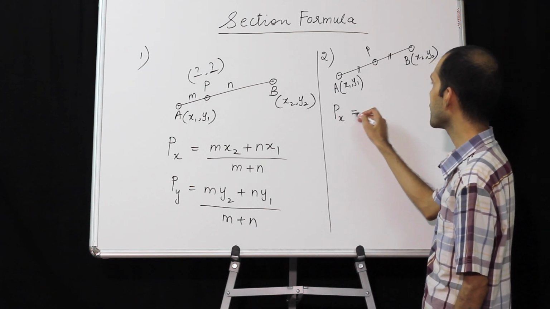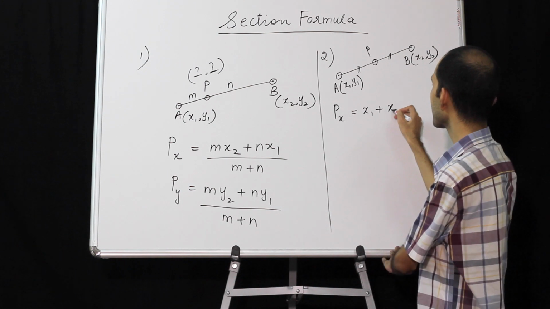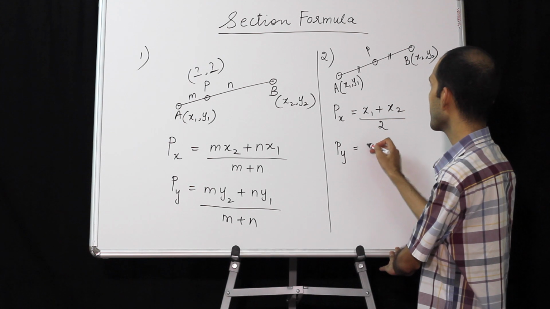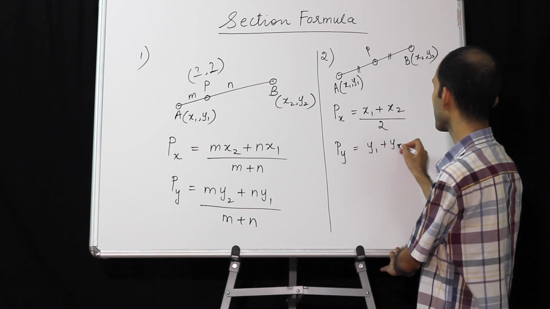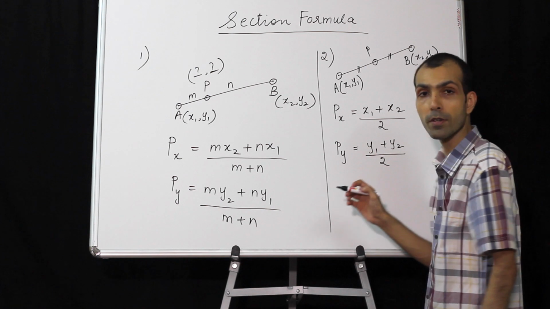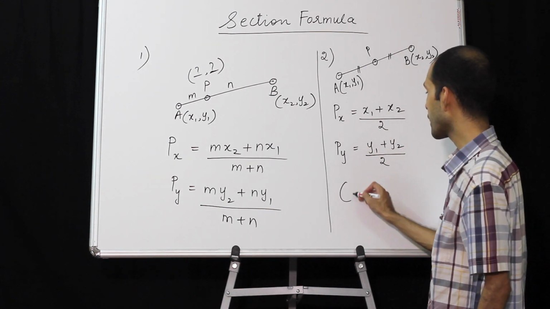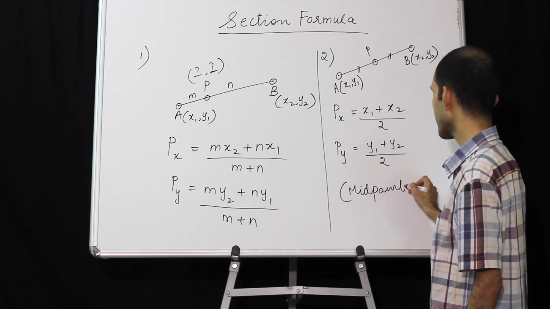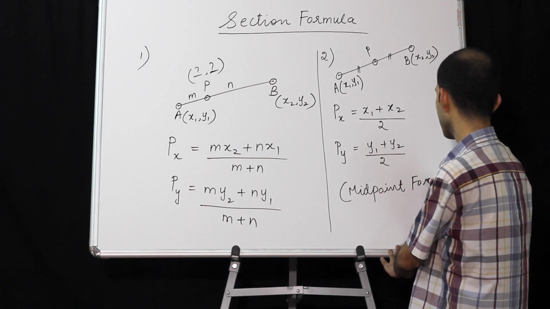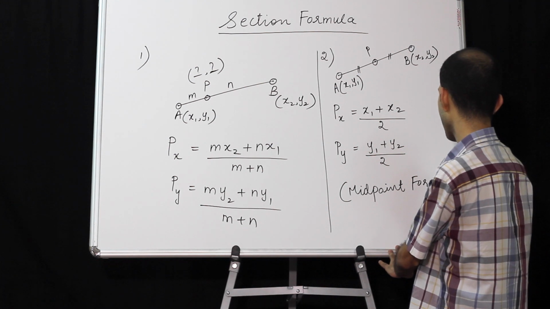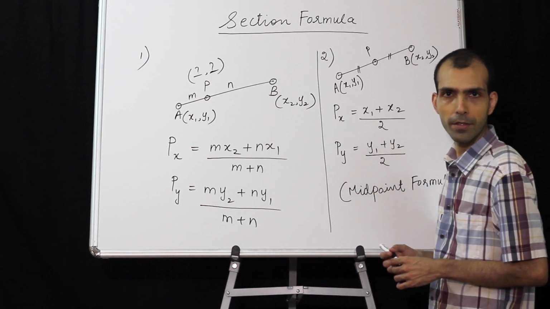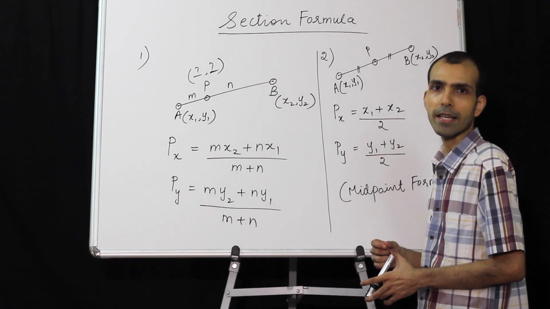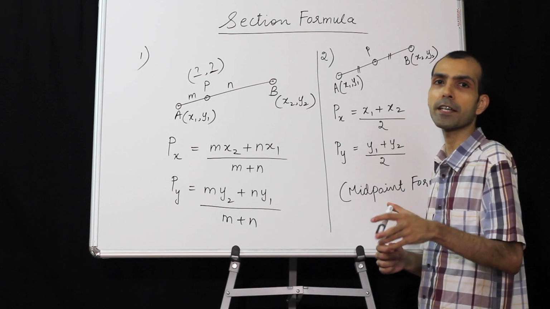So px will be x1 plus x2 upon 2. This is known as which formula? Midpoint formula. Done with this? Okay, there is one more which we will take after this, and that is known as centroid formula.